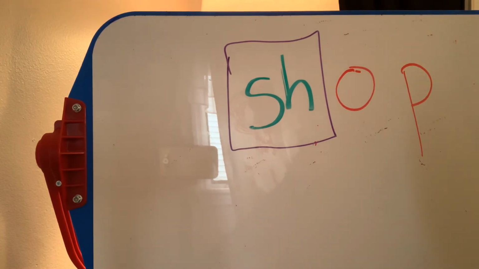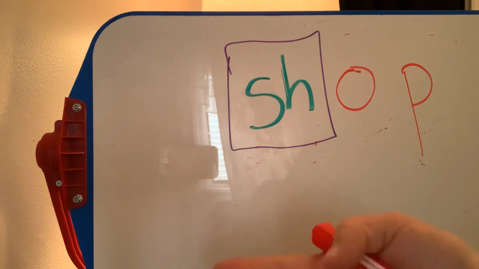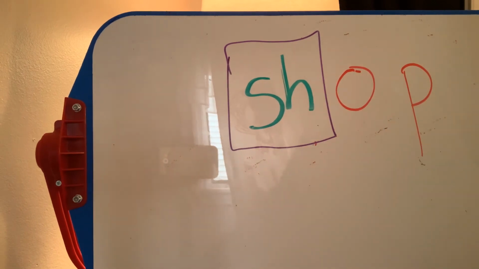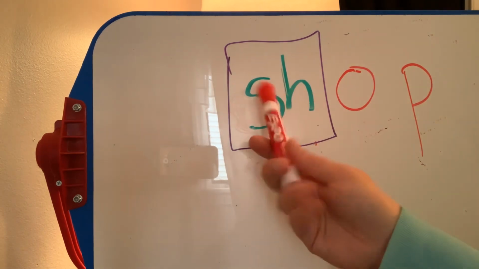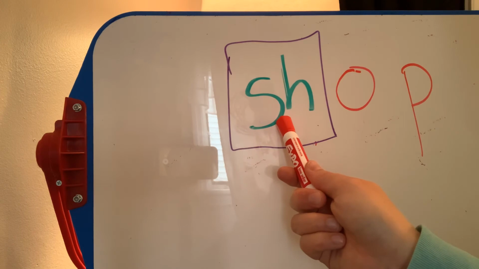Okay, if you haven't built the word yet, press pause and then play when you're ready. Okay, so Aiden, first tile is always going to, well, not always, but will be this digraph, which is what? That's right, you should have said SH. So we know that that makes one sound, which is shh.